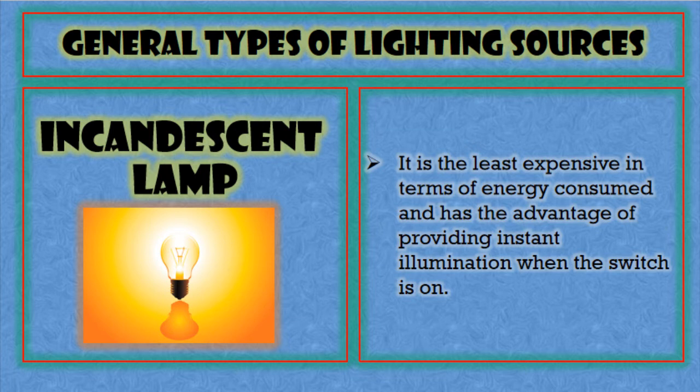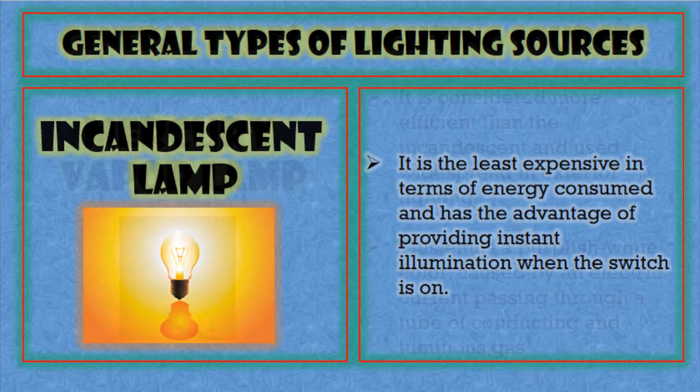So meron kasi yung mga lighting sources natin na kinakailangan ng 5 seconds para lang ma-turn on. So yung incandescent lamp, that can be switched on easily, okay, or at an instant. Yung description ng ilaw niyan is yellowish kung mapapansin ninyo dyan sa picture natin. So that is an incandescent lamp. Take note, it is considered to be the least expensive in terms of energy consumed.